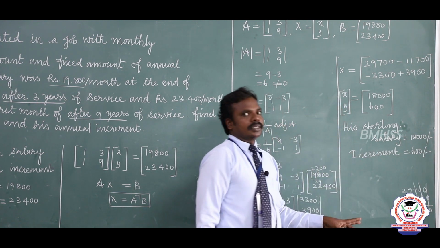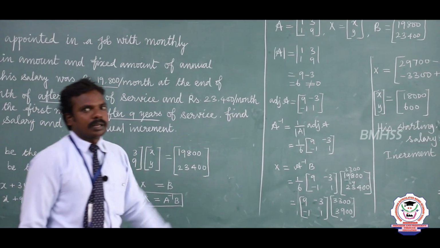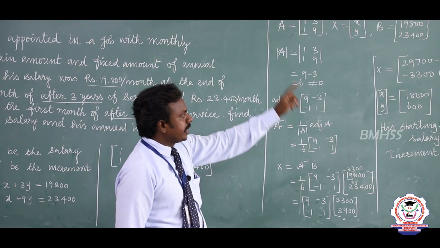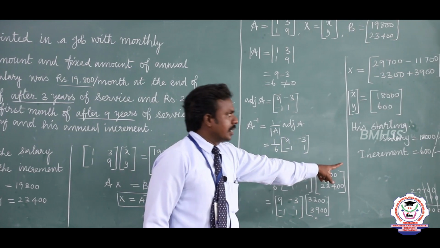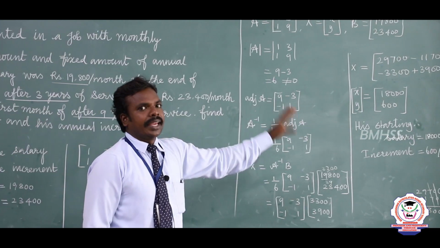That's it. They are asking you to find the monthly salary and annual increment. The monthly salary is 18,000 and the annual increment is 600. That is the value of X and Y.